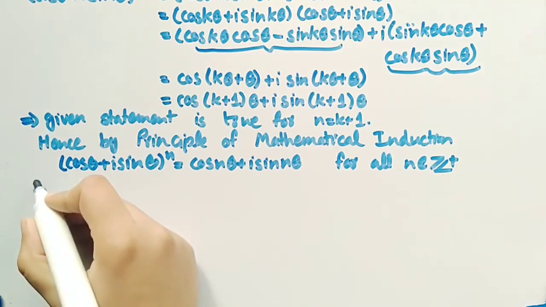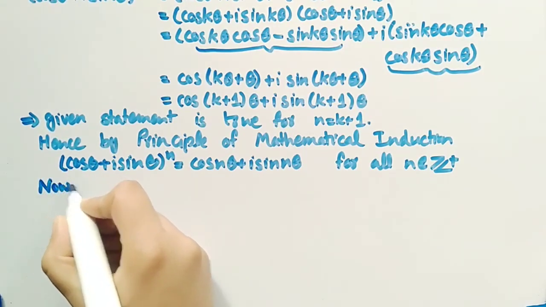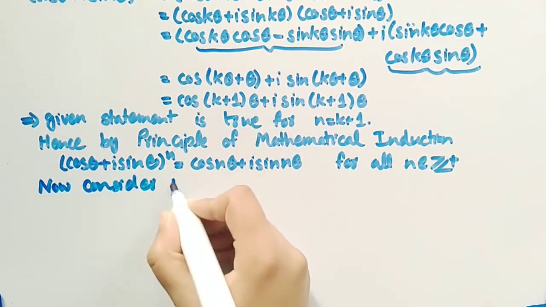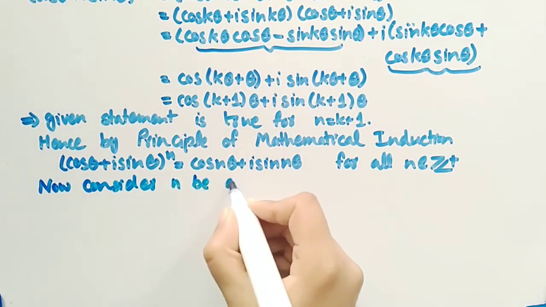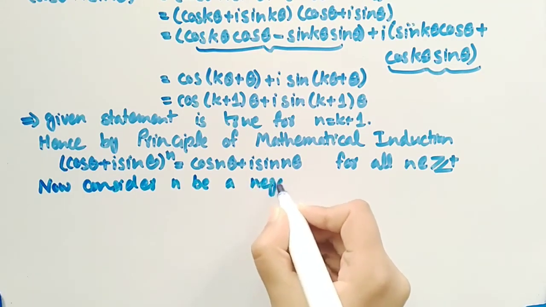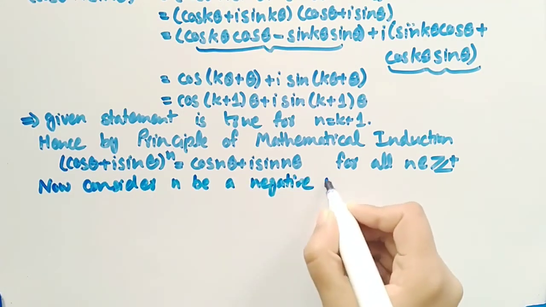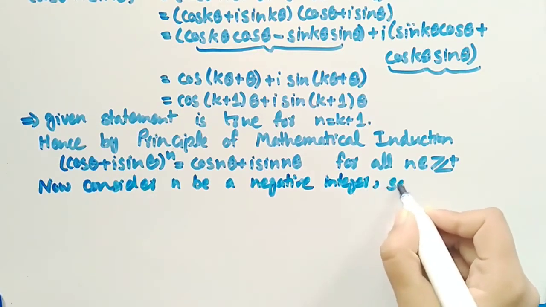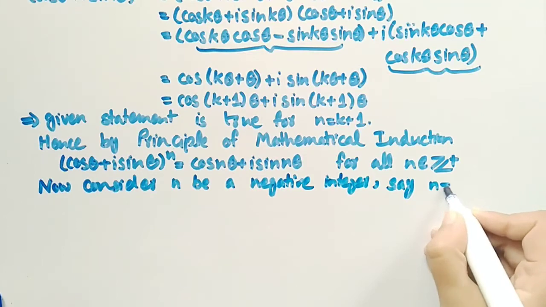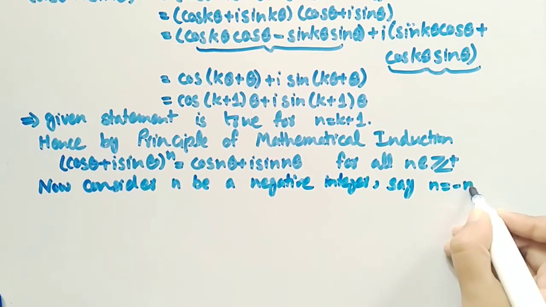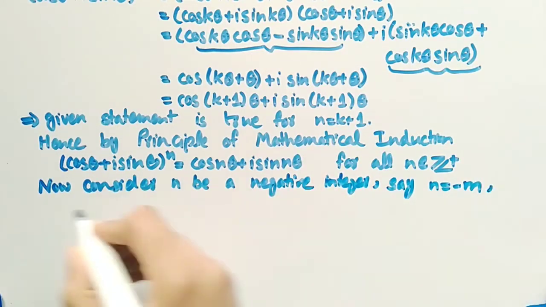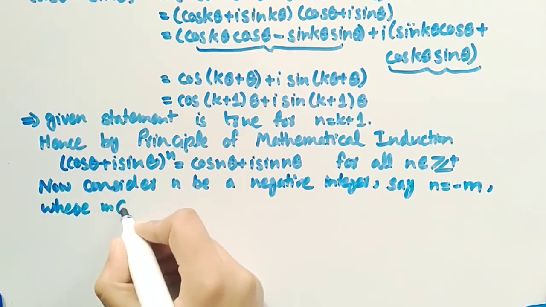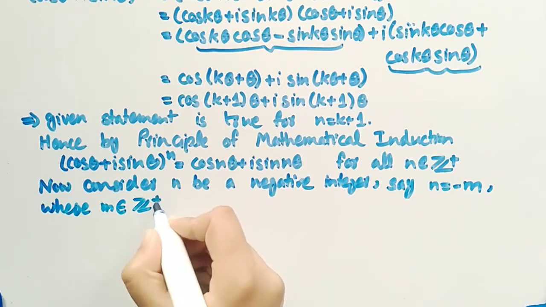So now consider n to be a negative integer, say n is equal to minus m, where m belongs to positive integers.